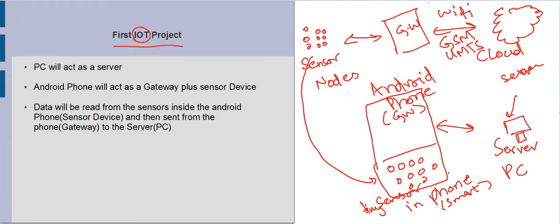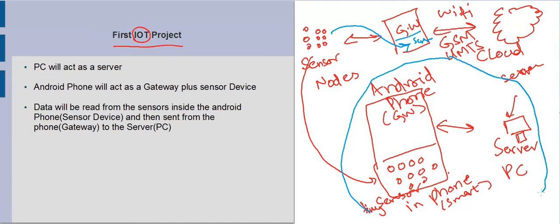So instead of this model, we use the model in which the sensor devices are inside the gateway. Our sensors are here. We have already discussed this model as well, in which the sensor device is already located inside the gateway.